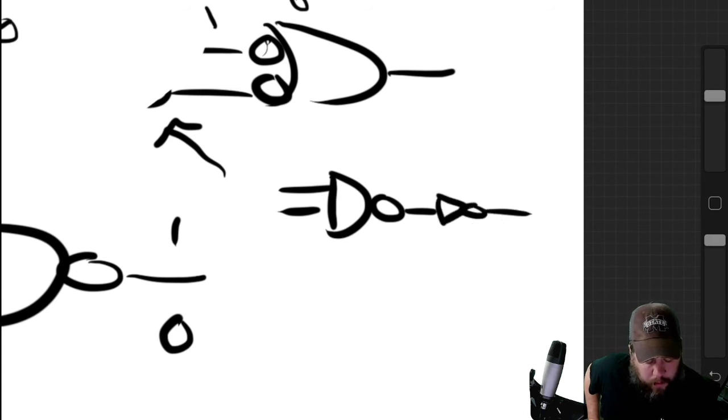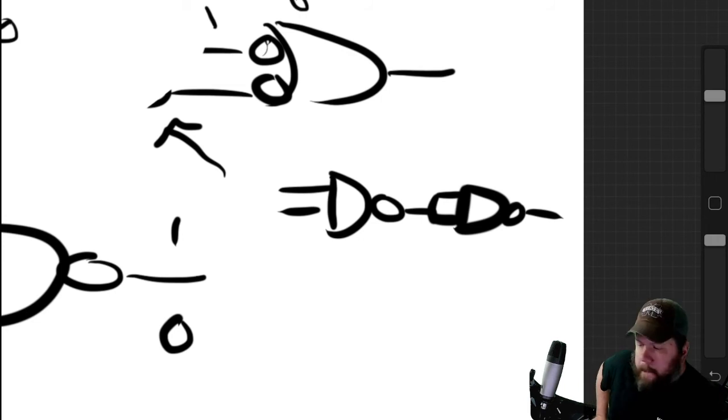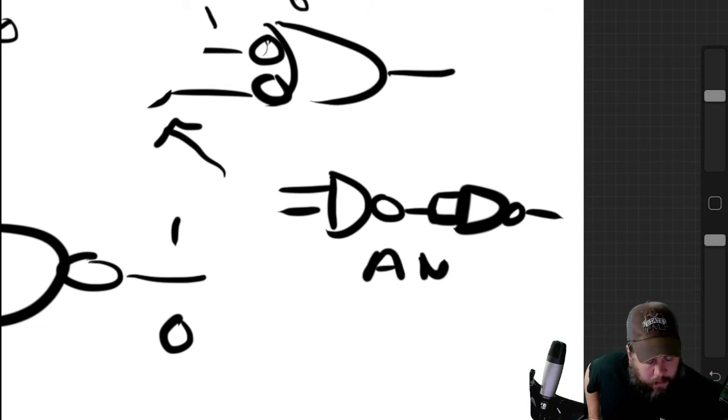Well, we're only using NAND gates, but we can make a NOT by tying both ends. It's hard doing that. Tie both inputs of that NAND together, and this is going to give us our AND. Okay.